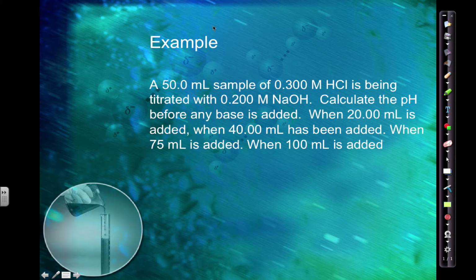So in this example, we're going to go over how to do calculations for titrations with strong versus strong. And then we will go over what you would do if you had a weak acid or a weak base in the next video. But this is just a simple strong acid with a strong base.